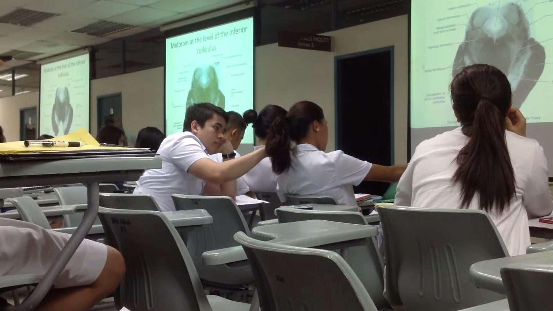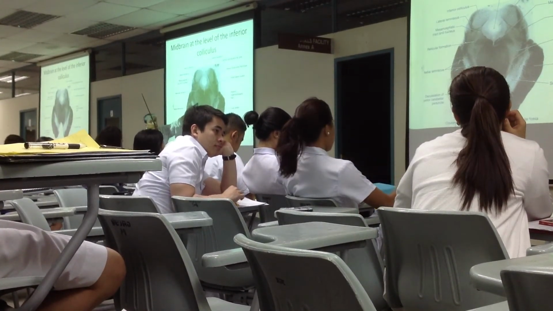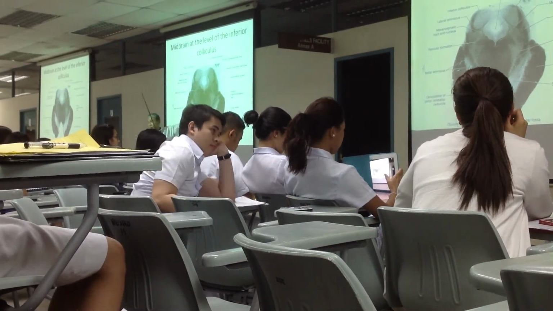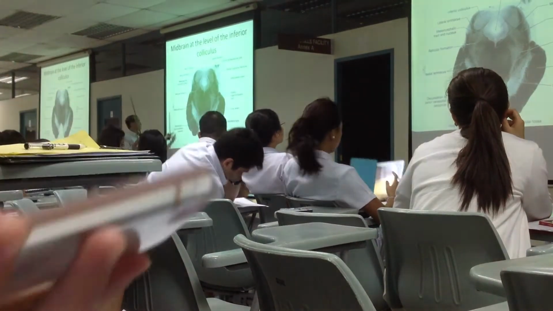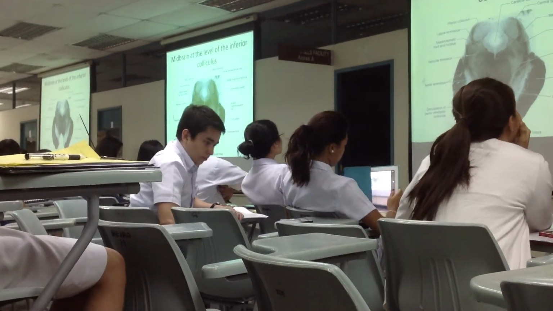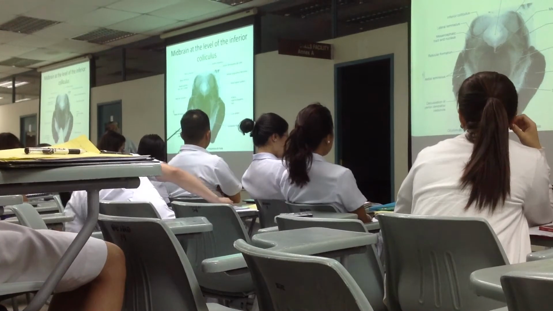So what is shown here: if they ask you to identify this, in the superior colliculus you have the red nucleus, right? But what you see in the inferior colliculus is the decussation of the cerebellar peduncle. Okay? Everything I'm telling you, those are the things they ask in the practical exam.